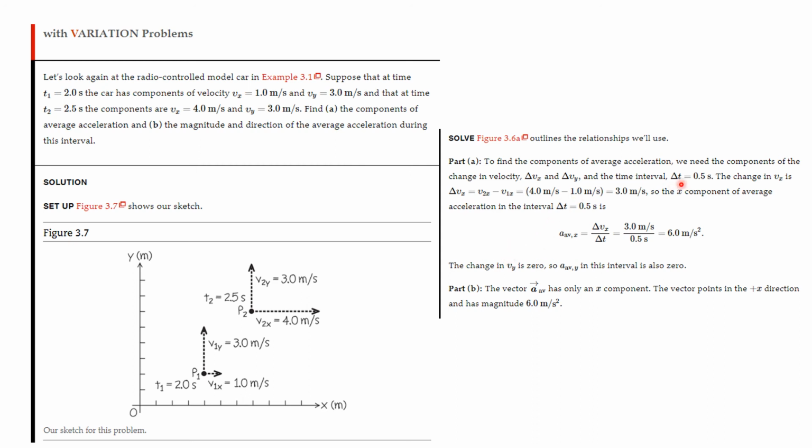Similarly, delta V in the y direction is, in this case, 0, because the values of Vy were the same in both of those, and so the change in Vy is 0. So when we sum the squares, we only get this, so the answer is just 6. Now part B, since there's only an x component, then the magnitude is going to be this, only in the x direction.